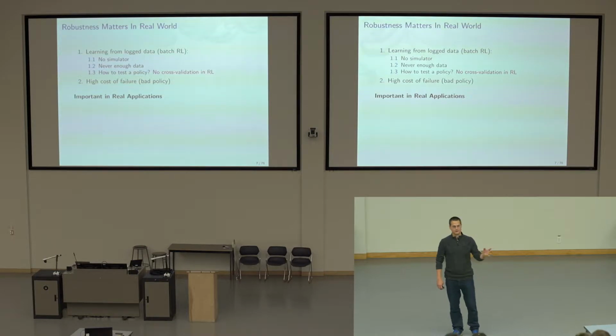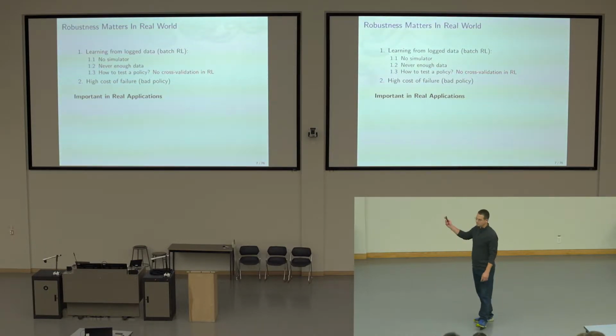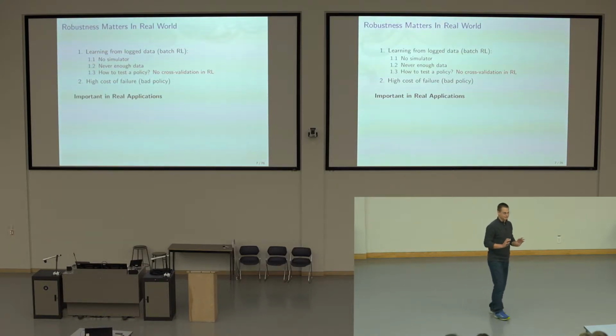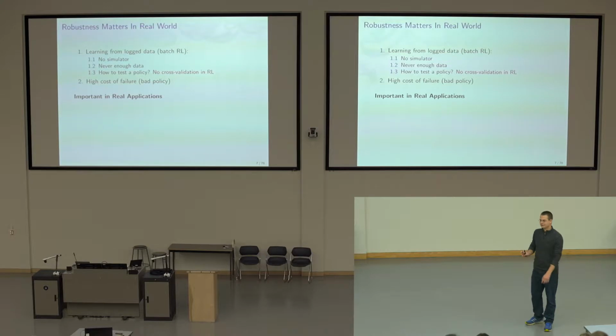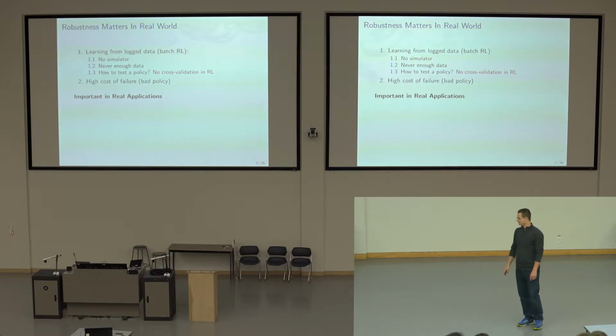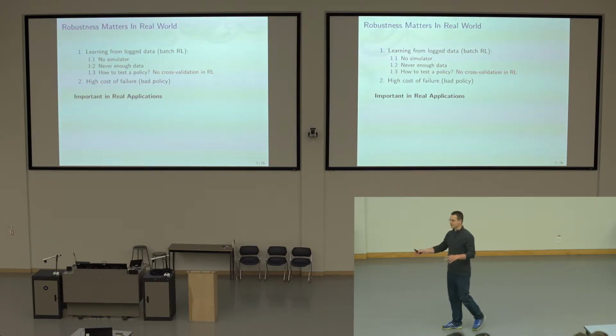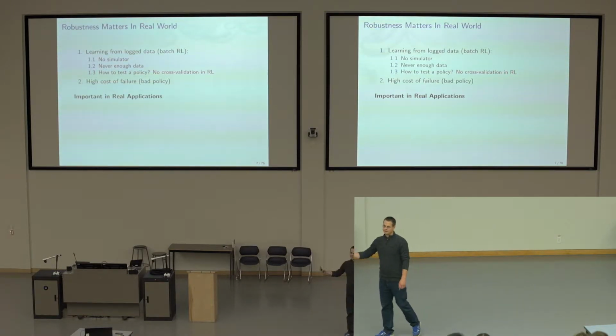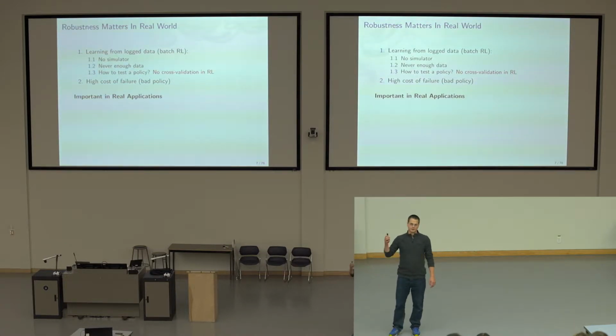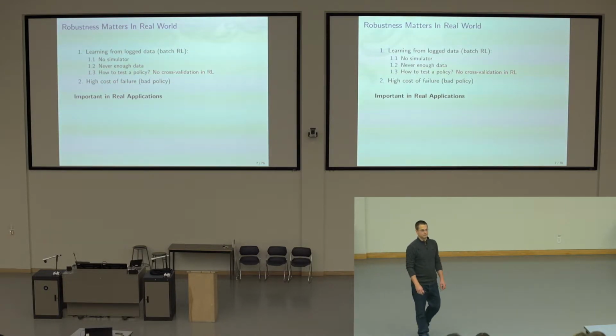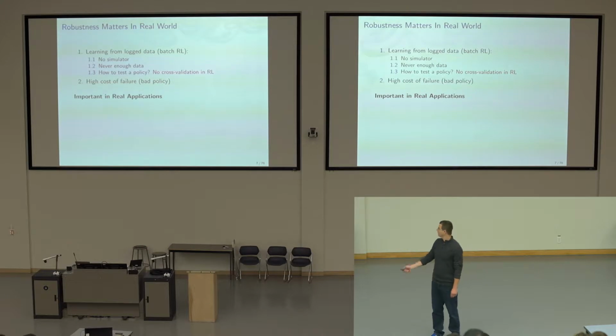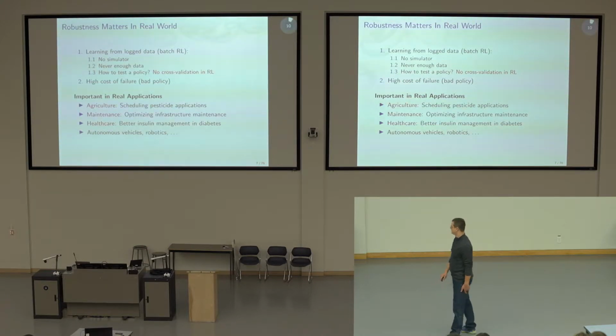So healthcare, very important. If you deliver a bad policy, people are going to die, right? We don't want that. Any other ideas? Industrial settings, like a processing facility, a lot of industrial settings. Again, if you deliver a bad policy, somebody's going to lose a lot of money. So these are some of the examples I've come up with.